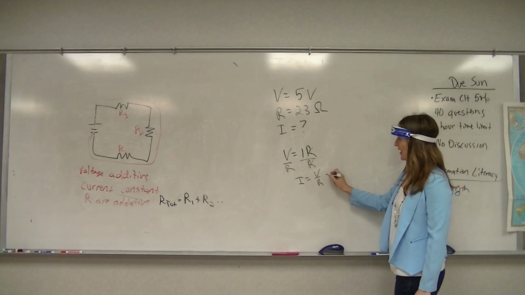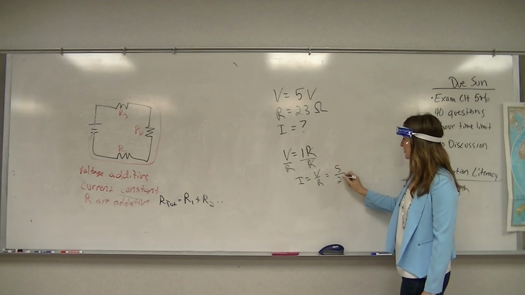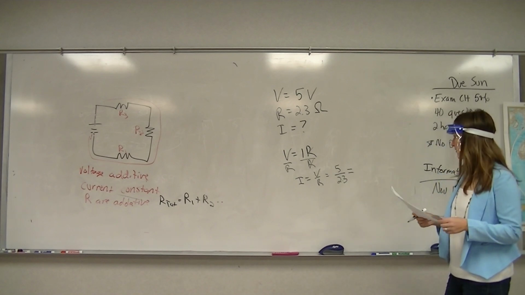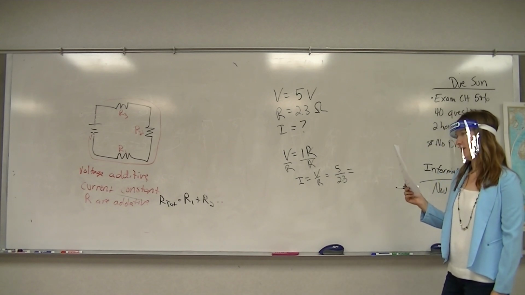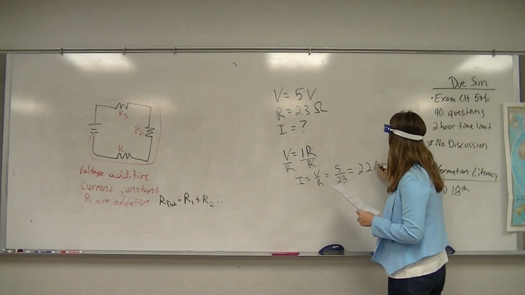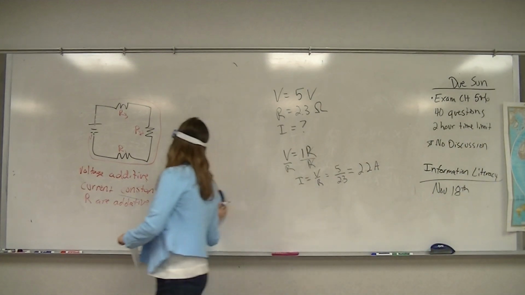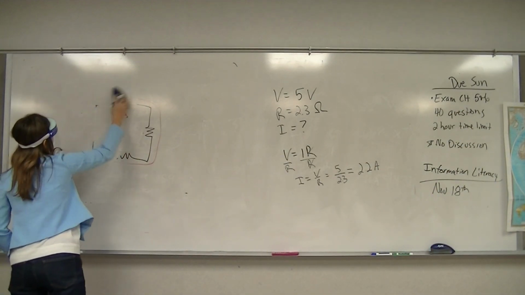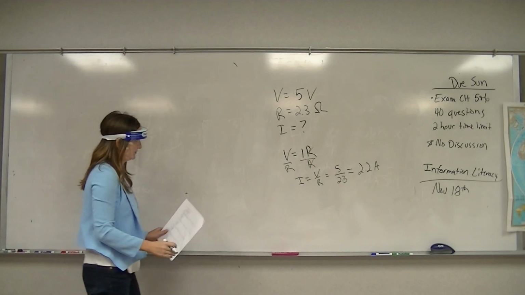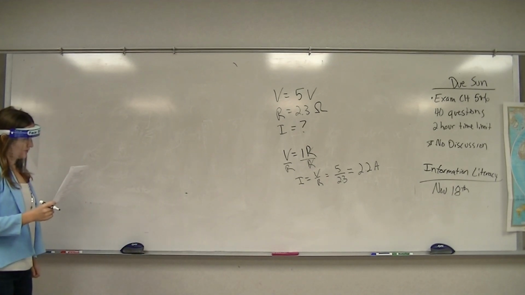So now we plug in: our voltage is 5, our resistance is 2.3. The only thing close to that on here I think would be A, 2.2. I can't calculate this stuff in my head, but if you give me choices, I can usually pick out the closest answer. That would be A.